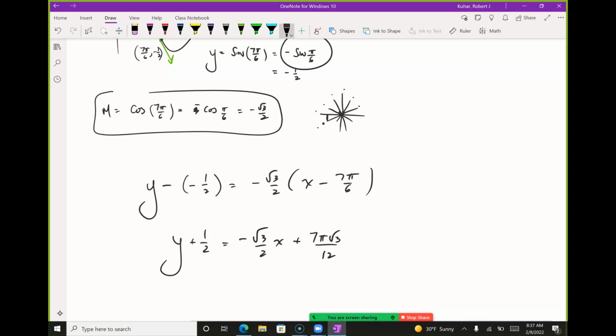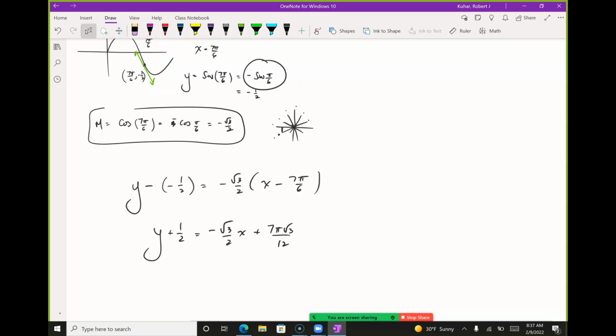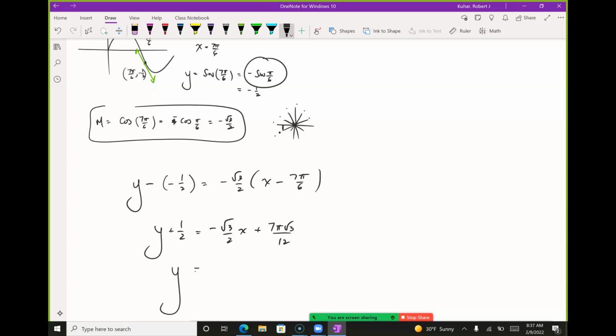Everyone with me? In Desmos, I could put it in right now. In your calculator, I can't, right? So I've got to move that 1/2 to the other side and get a common denominator.